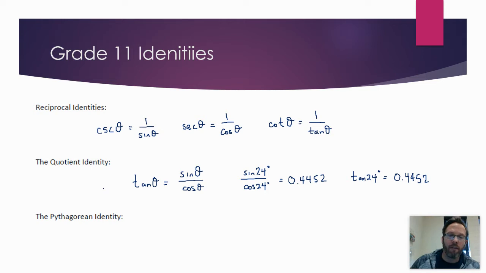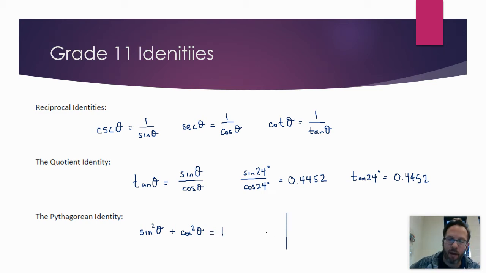The last one is the Pythagorean identity, and it says this: when you square the sine of an angle and you add it with the square of the cosine of the same angle, you get 1. And this is true no matter the angle, which is pretty cool.